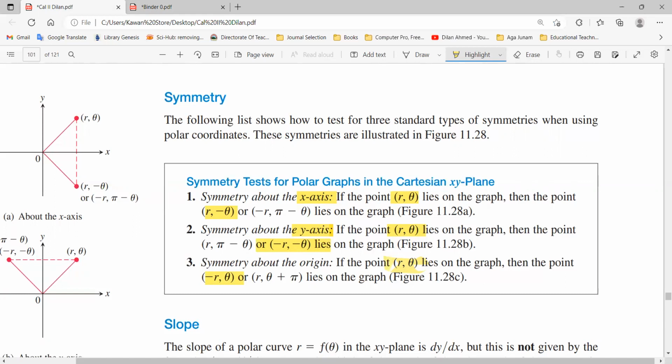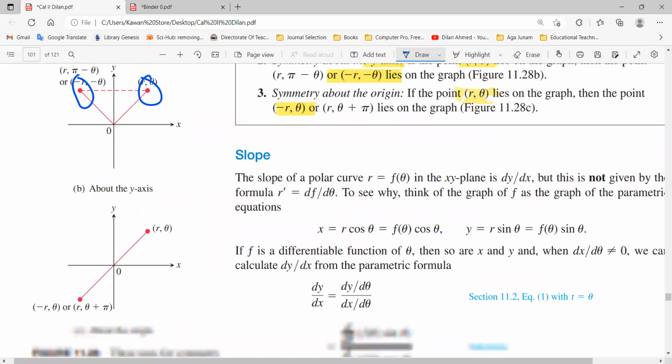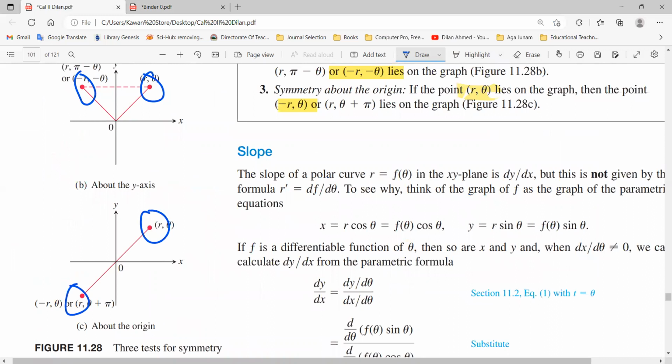So if one of them is applied, it means symmetry about the x-axis or y-axis or origin. Do you have any question? Do you understand from these pictures, dears? Can you imagine that one and that one? And that one and that one? Now you know what symmetry is.